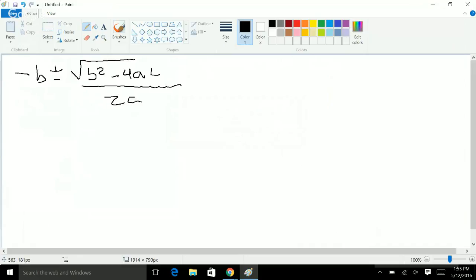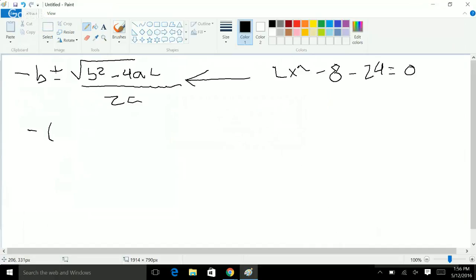So the example that I have is 2x squared minus 8x minus 24 equals 0. So we're just going to plug this into the formula.